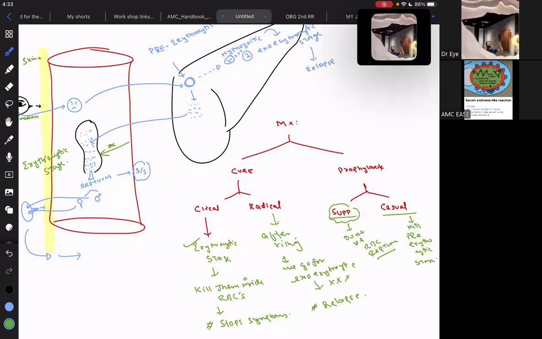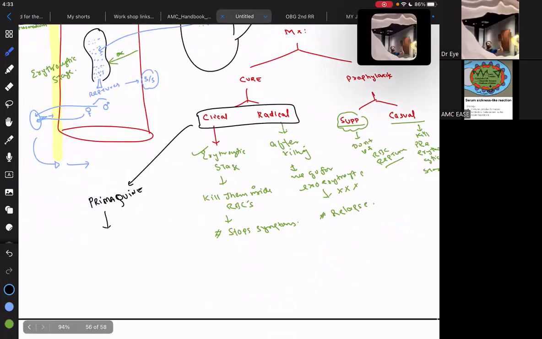So with the help of primaquine, we can take care of both these stages.